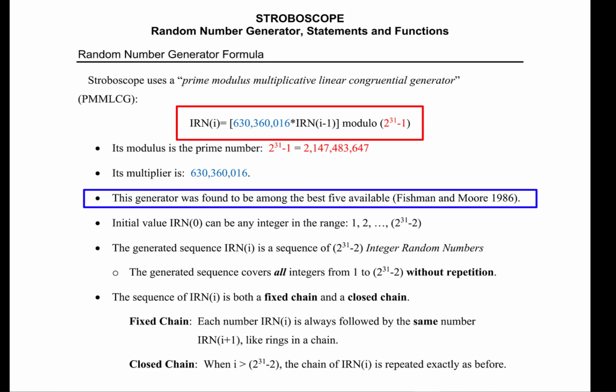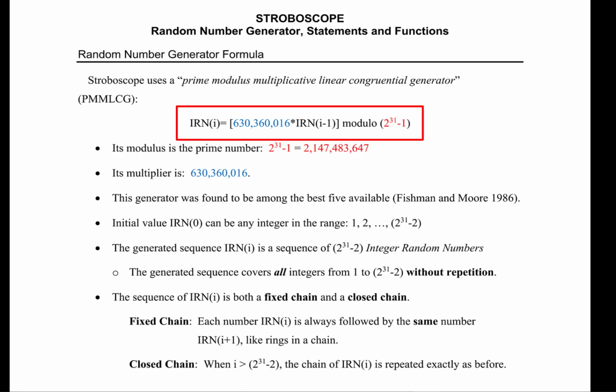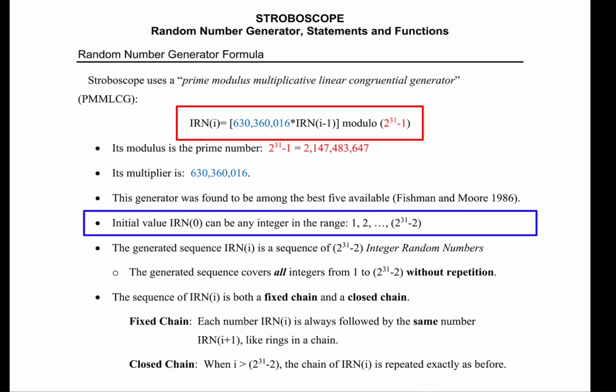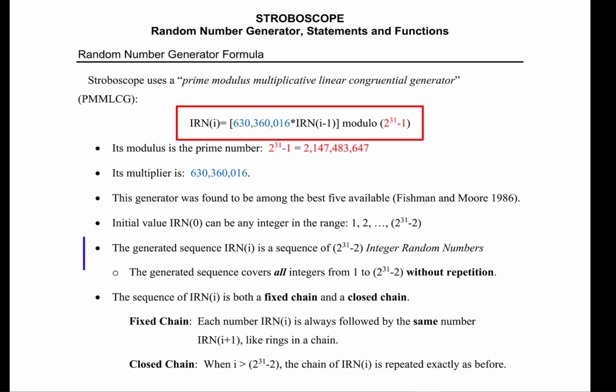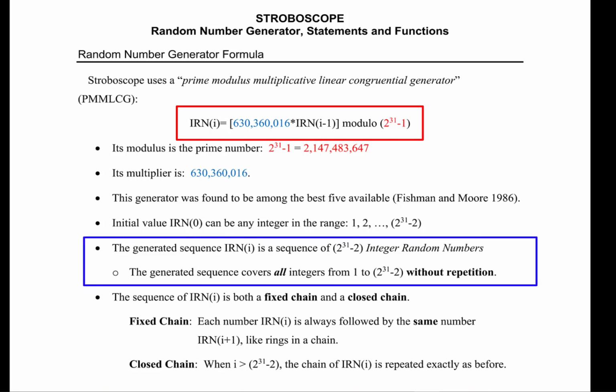This generator was found to be among the 5 best available according to Fishman and Moore. The initial value, integer random number 0, can be any integer in the range from 1 to 2 to the 31st minus 2. The generated sequence of integer random numbers is a sequence of 2 to the 31st minus 2 integer random numbers.